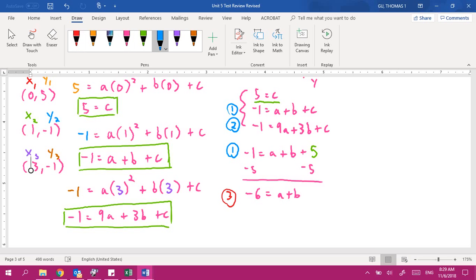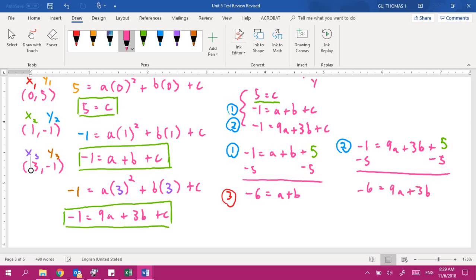So now I need to do the same thing with equation number 2. So equation number 2 is -1 equals 9a plus 3b plus 5, because c is 5, right. And then what do I want to do? Subtract 5 from both sides, right. And then my new equation is going to be what? That's right. And this is going to be equation number 4.